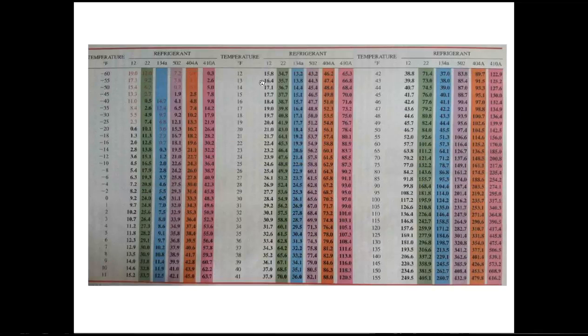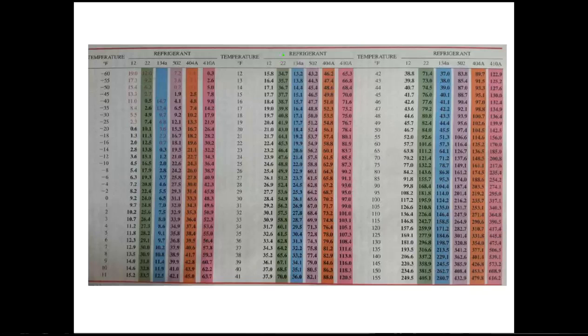Now this is the PT chart that we have in our book. And let's just verify that. Now remember, we talked about the PT chart. It only relates to our refrigerant when it's at the saturation point. So that's when we're at that saturation point right now at the coil.